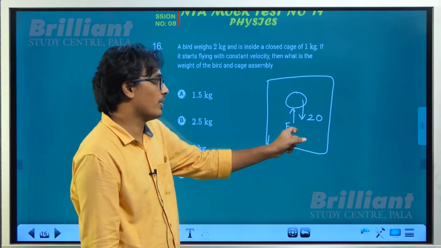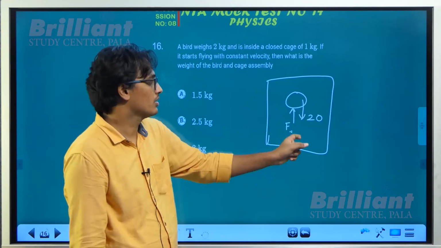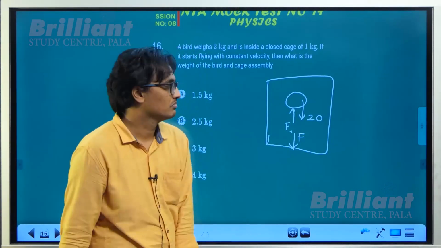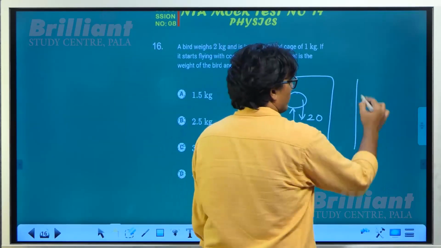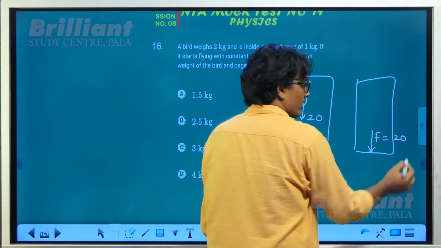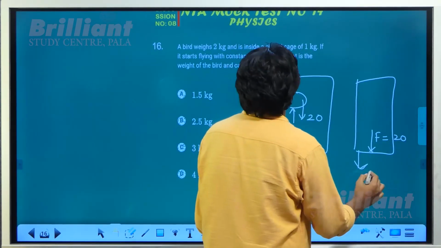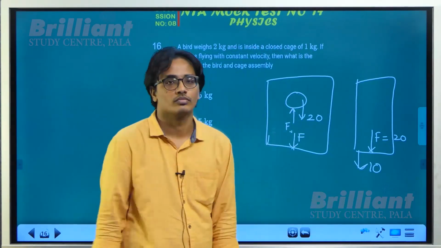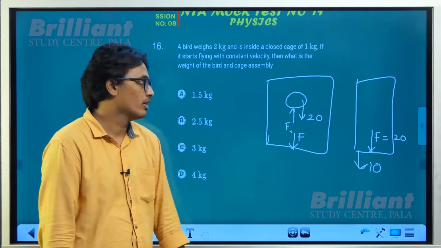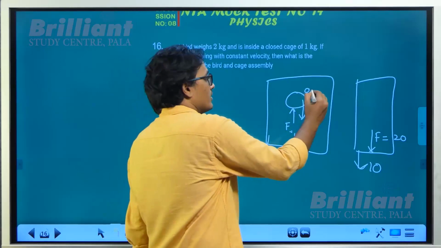This is force applied by the air on the bird. Same force air will also apply here. So if you draw an FBD of this cage, there is this F which is equal to 20, and then there is its own weight. So initially it was 3 kg, even now it will be 3 kg. Okay, because acceleration of this bird is 0.